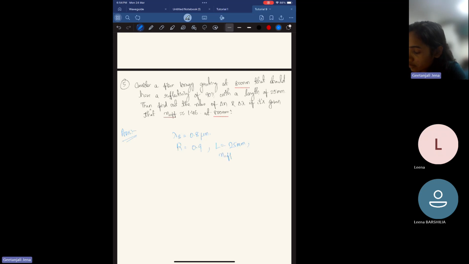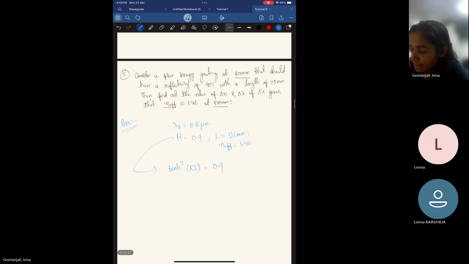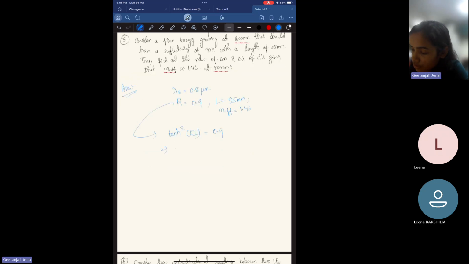And n effective is 1.46. Okay. So the expression for R is tanh square of kappa L, which is 0.9. So tanh kappa L should be the square root of 0.9.